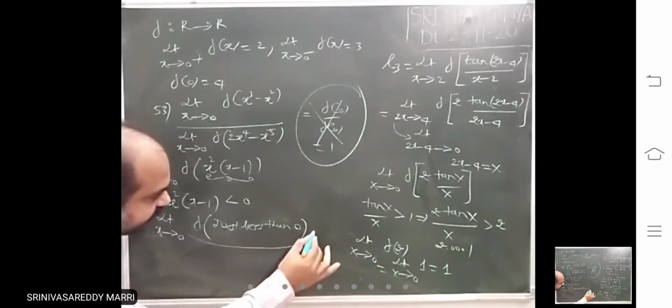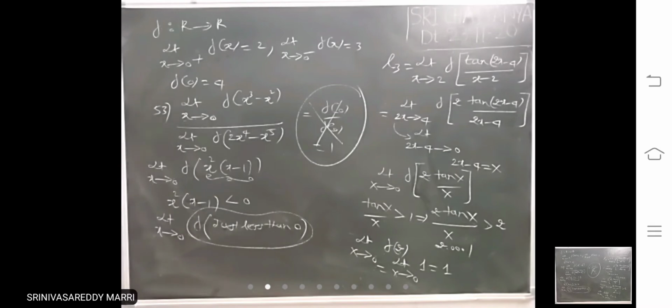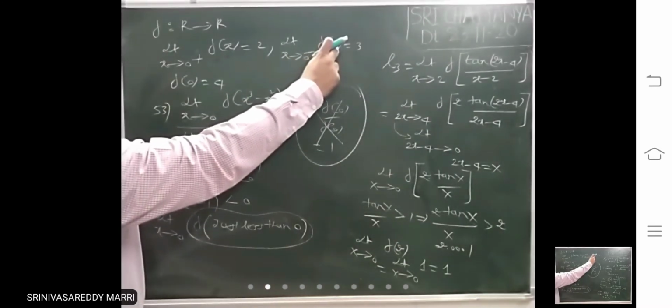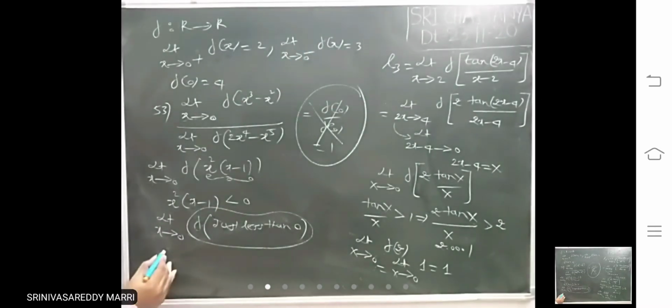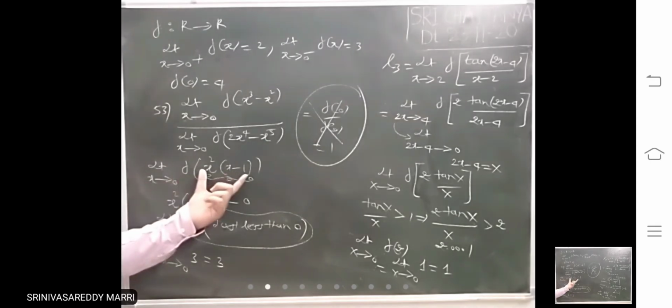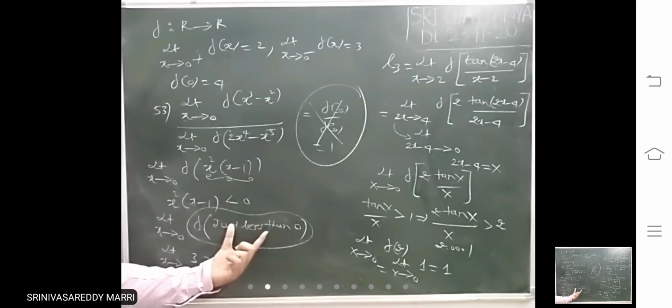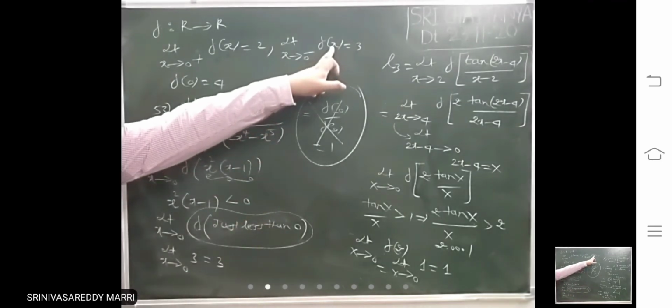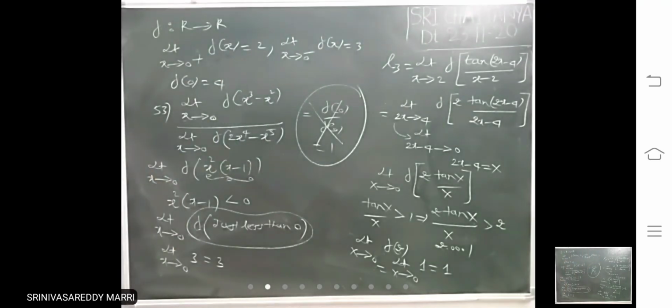That means when the inside one is just less than 0, its value is tending to 3. When x is just greater than 0 or just less than 0, this is just less than 0. So the limit is 3. The above limit is 3.